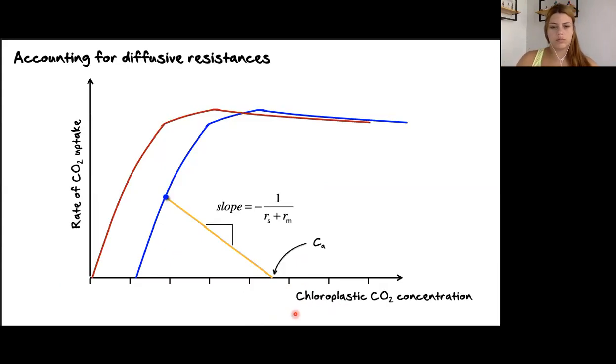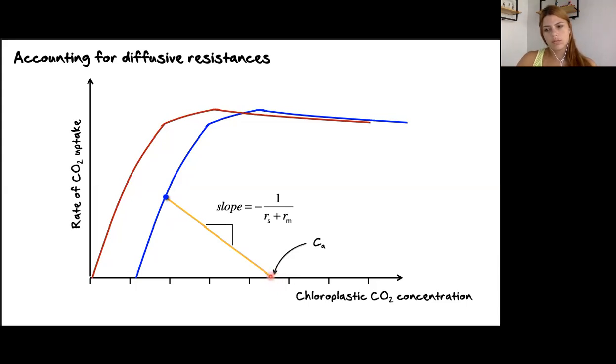So we can display that graphically on our schematic here. If you take those values that we measure at a certain chloroplastic CO2 concentration, and we plot our assimilation rate, and then we take our outside the leaf CO2 concentration, CA, and plot that in here as well.